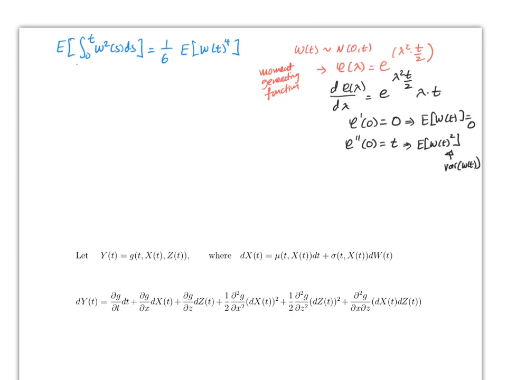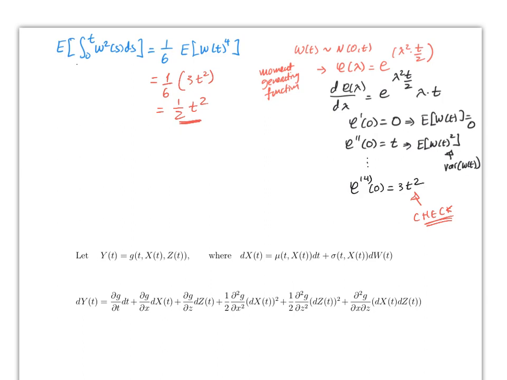So if you keep taking the derivatives using the product rule, it shows that the fourth derivative evaluated at 0 is actually equal to 3t squared. Again, you should definitely check this, and this is also part of the homework as far as I know. So therefore this is equal to 1/6 times 3t squared, which will give you 1/2 t squared. And that's the answer to that.